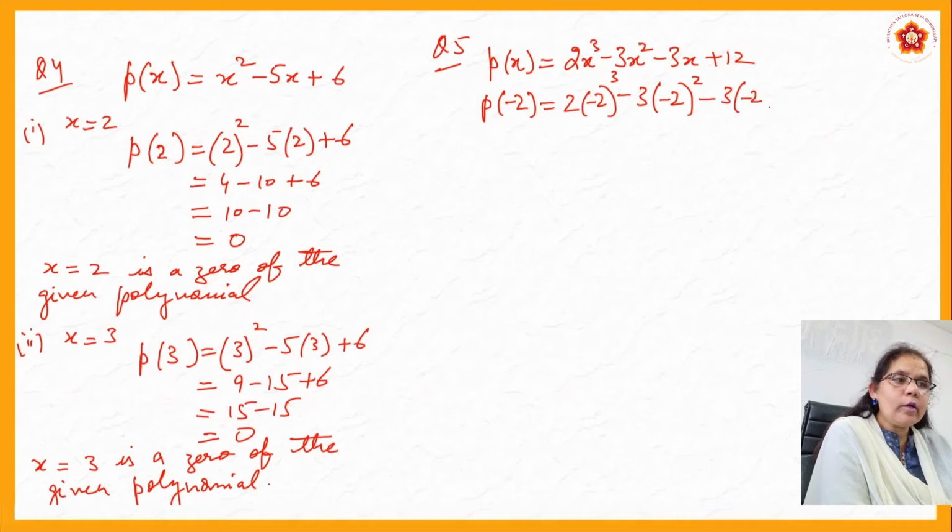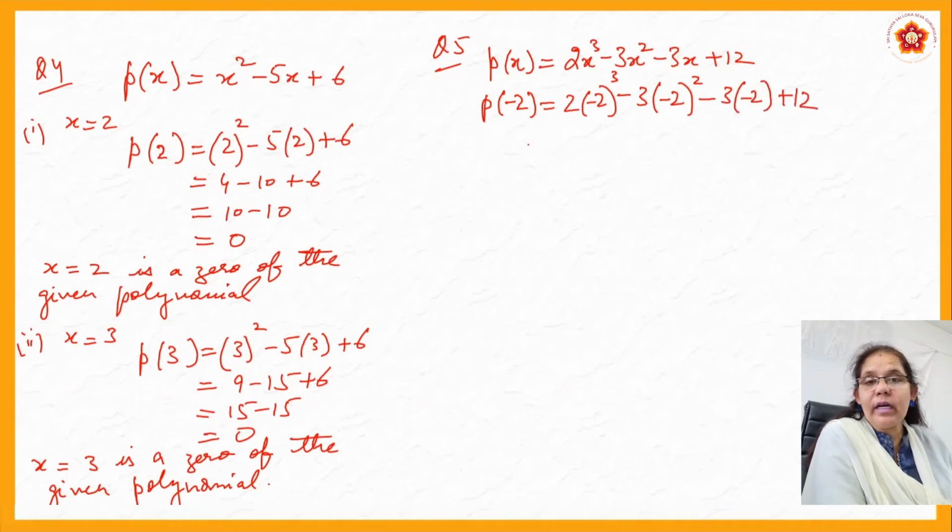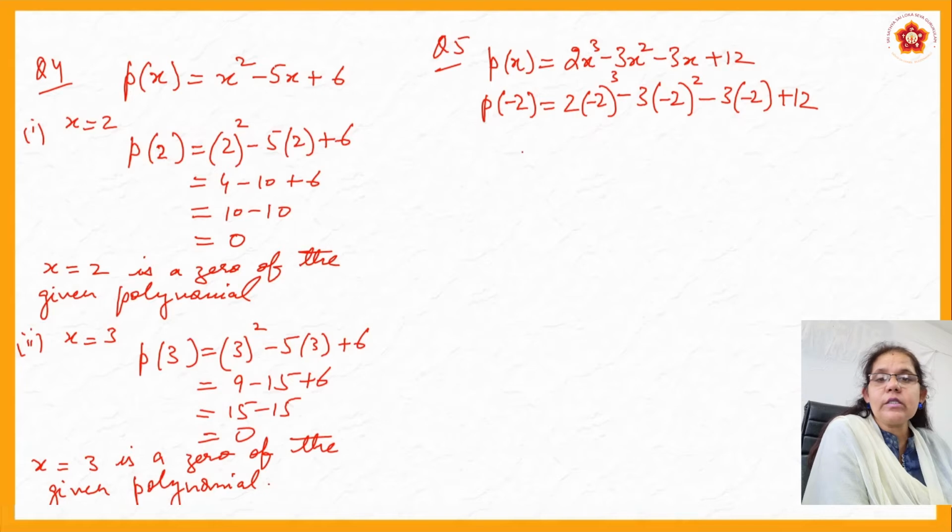And when you are doing the calculations, ensure that you don't miss out any step because chances of making error is there and very silly mistakes you tend to make when you are not writing down all the steps. So minus 2 cube is minus 8. Minus 8 into 2 is minus 16. Minus 2 square is 4. 4 into 3 is 12.